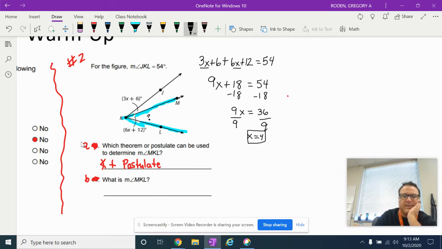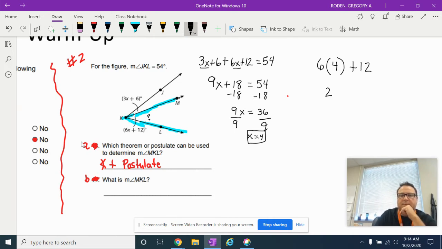expression right here, because this is the expression 6x plus 12. That's the expression that is substituted in for the measure of MKL. So let's do that. We have 6 times x, and we know x is 4, plus 12. What's 6 times 4?